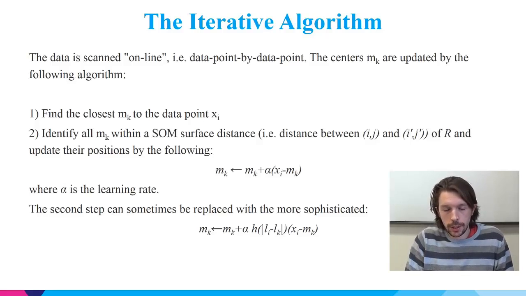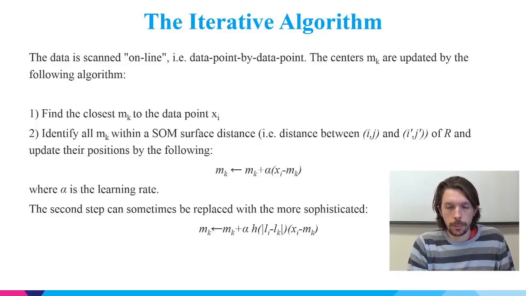As I illustrated in the previous movie, the initial position of the centers is a regular array placed on the principal component analysis surface. And then we iterate: we go through all the data points and iterate this simple algorithm. For each data point, xi, we find the closest center in Euclidean space, which we'll call mk.